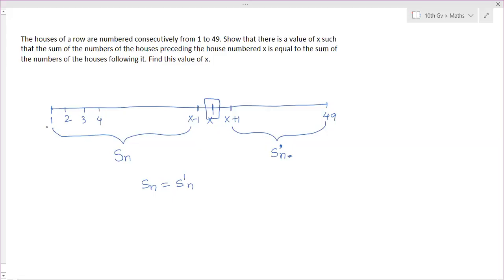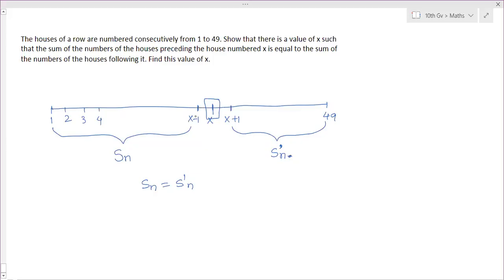Now see, what's the position of the first house, number 1? This one, 2. This one, 3. Number 4 house, 4. 10th house, 10. 20th house, 20. 26th house, 26. X minus 1th house, X minus 1.